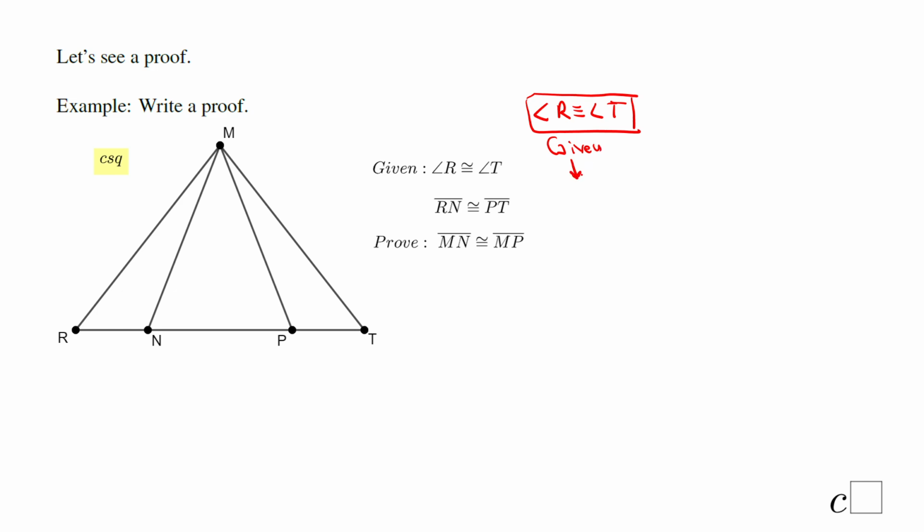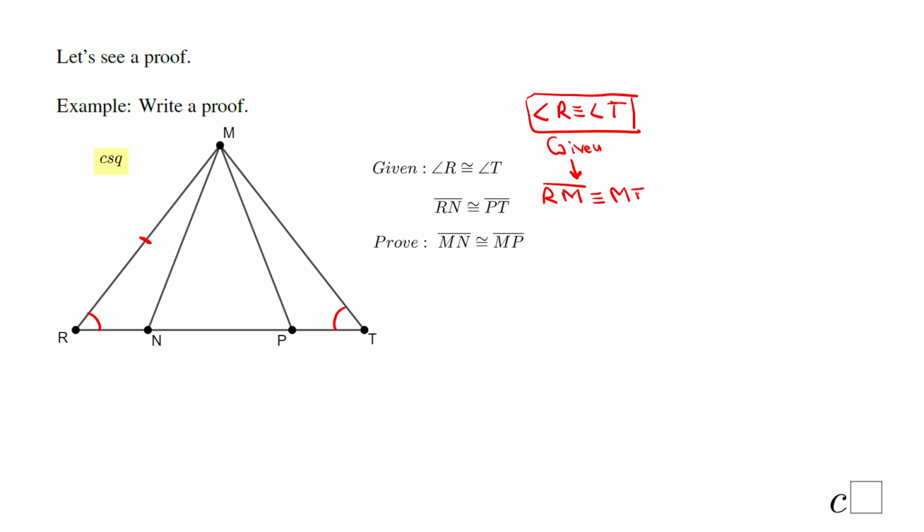From this statement here, I'm gonna have another one which says what? RM, so by the way, these two angles are congruent, right? My next statement, the logic statement that comes from this one, is that RM is congruent with MT. And why?